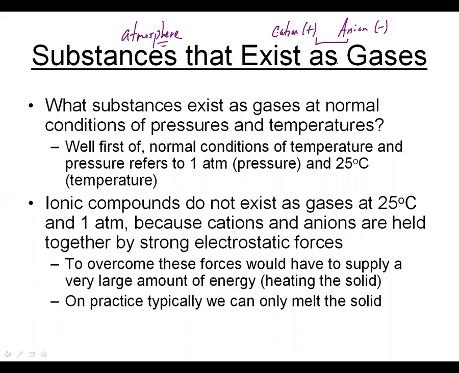Under normal conditions, like 25 degrees Celsius and 1 atmosphere, which is a normal pressure, they're typically not able to separate from each other and go into the gas phase. You would need a lot of energy to allow something ionic to do that.